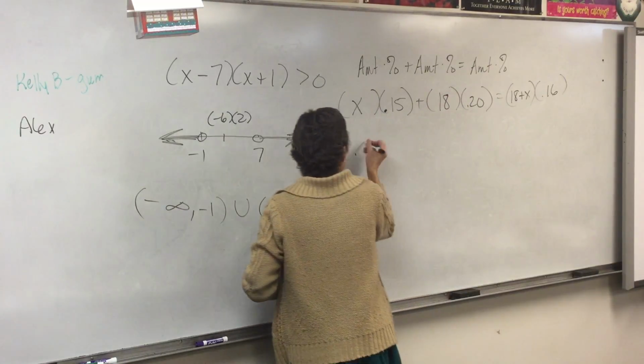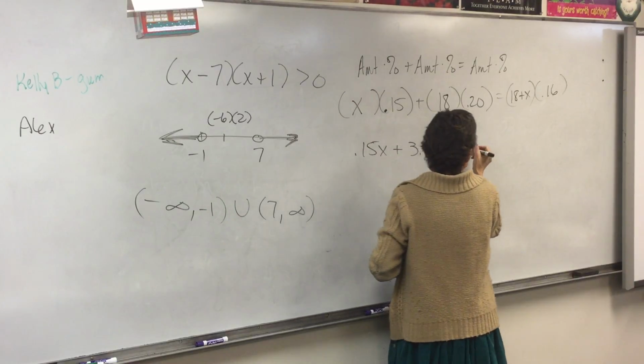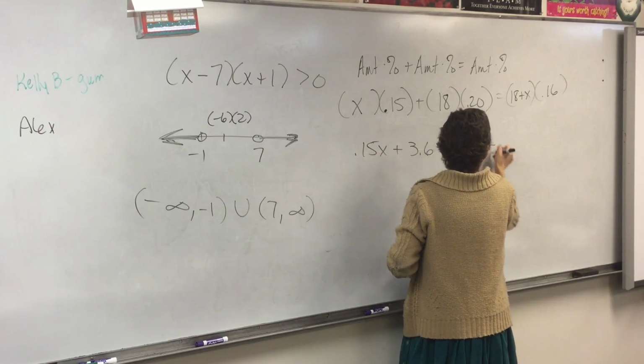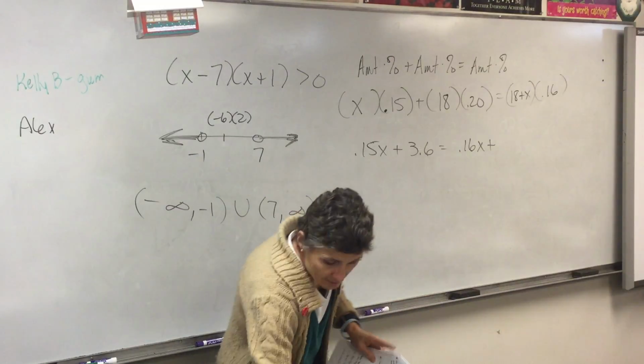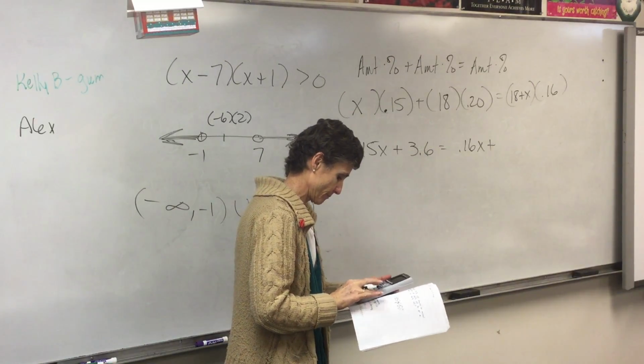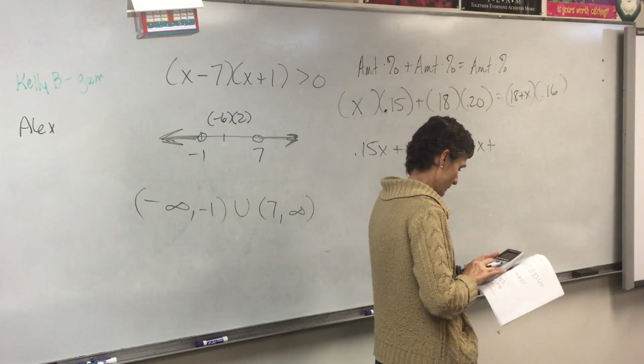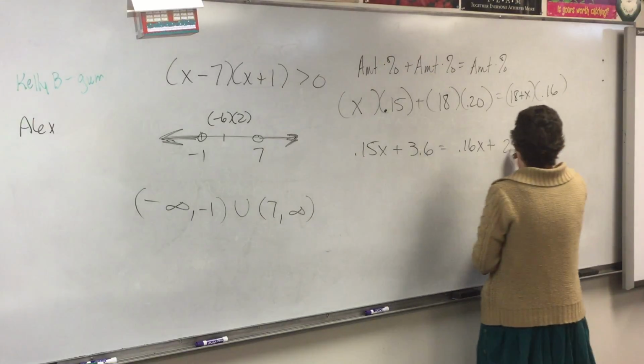All right, so we got a calculator if we need it. I don't know what 16 times 18 is. 2.88.